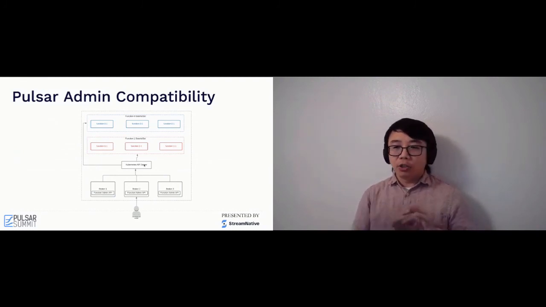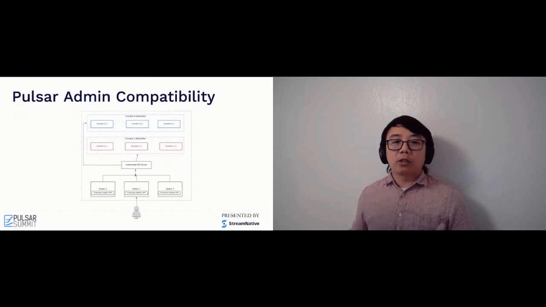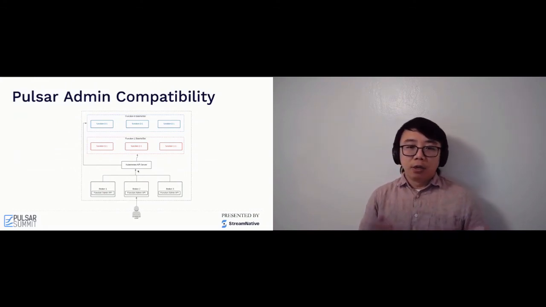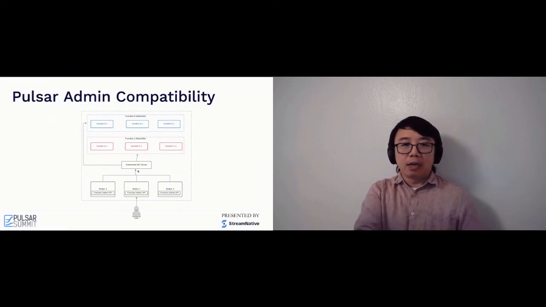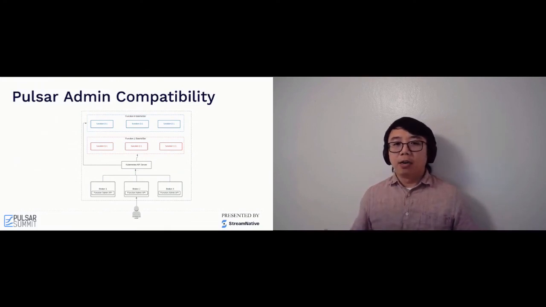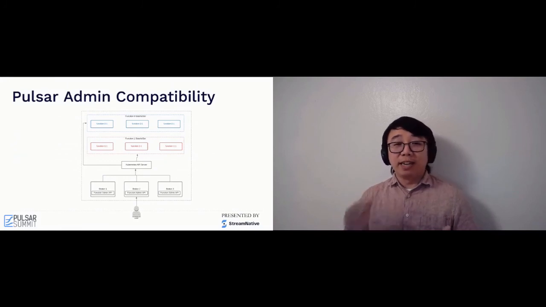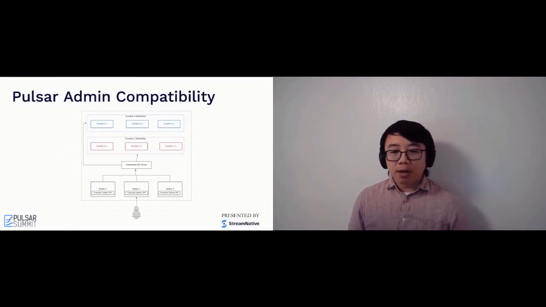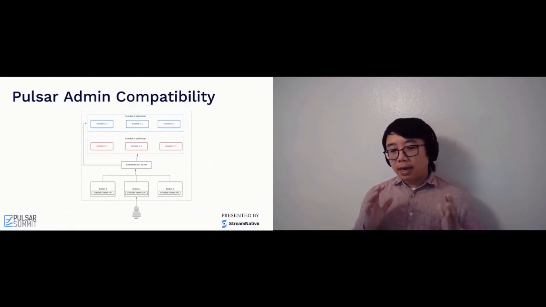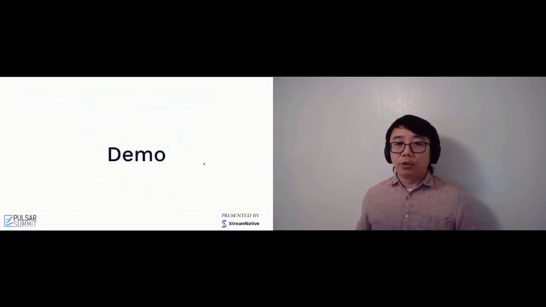The only change here is the broker doesn't talk to the metadata topic anymore. The broker will just talk directly to the Kubernetes API server to create, update, or delete the CRD. And all the remaining work will be done by the function mesh controller. That would be a very Kubernetes-native way of doing scheduling and updates. So this is the idea of introducing function mesh.